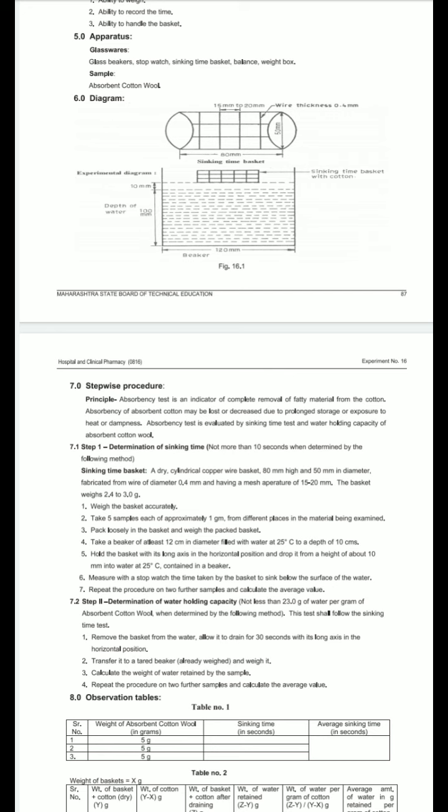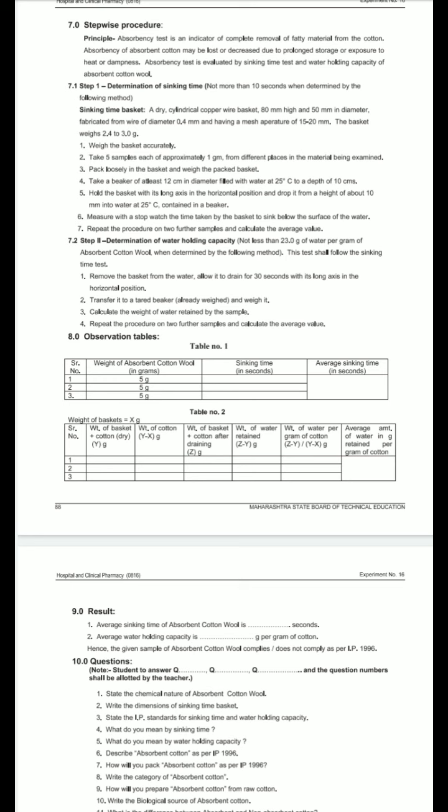Then table second. Write down here the weight of the basket, x gram. Then weight of basket with cotton, that is dry cotton, y gram. Then weight of the cotton, that is y minus x. Here x is the weight of basket and y is the weight of basket with cotton.